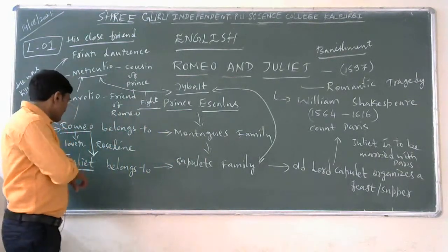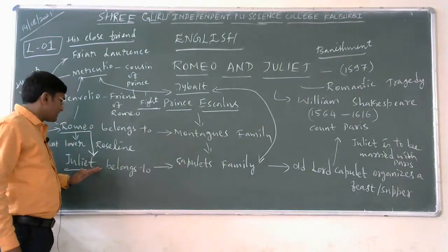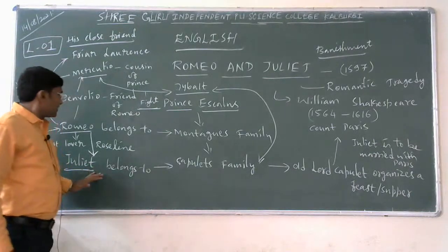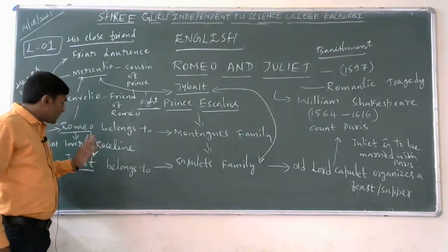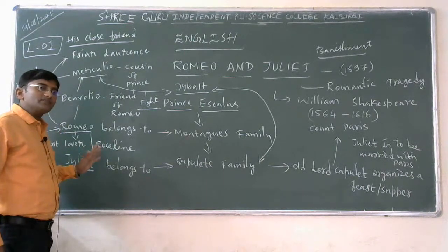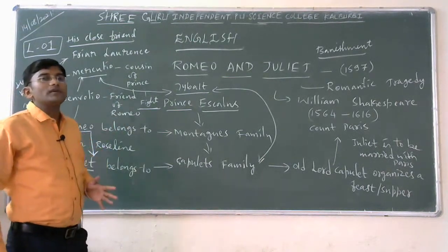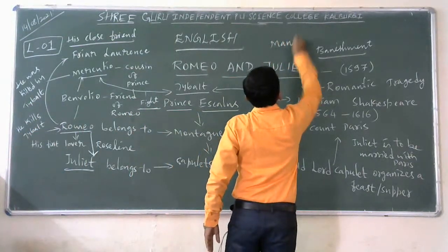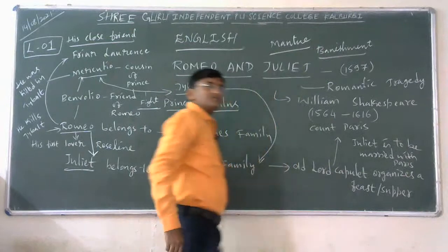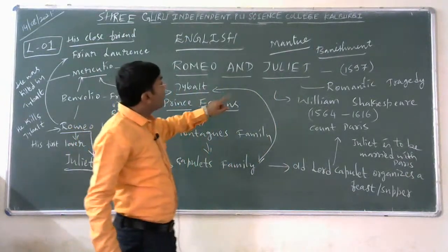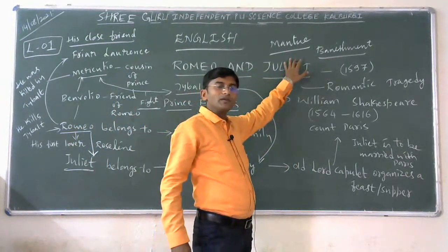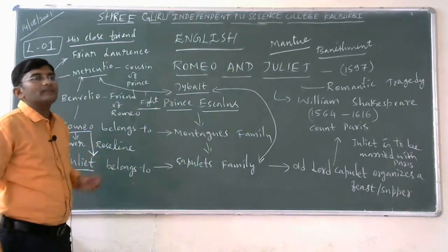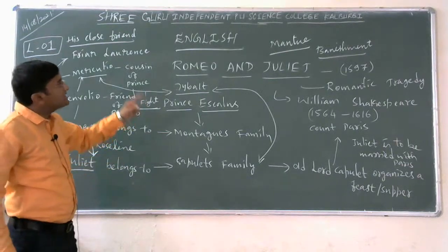Then what happened after this? Obviously, Romeo was supposed to move away to Mantua. He goes to Mantua. But what happened? Friar Lawrence wanted to help at this point of time.